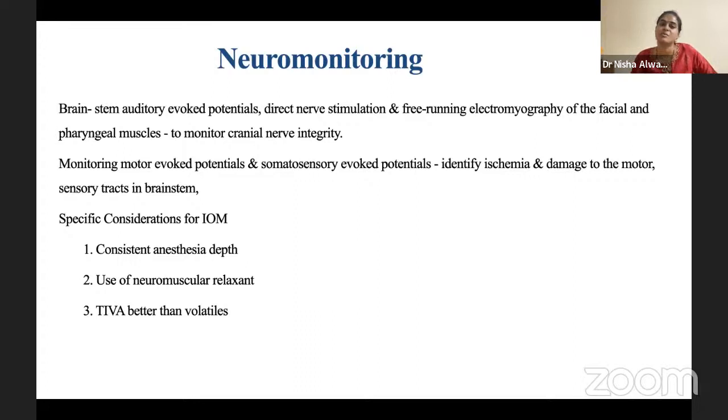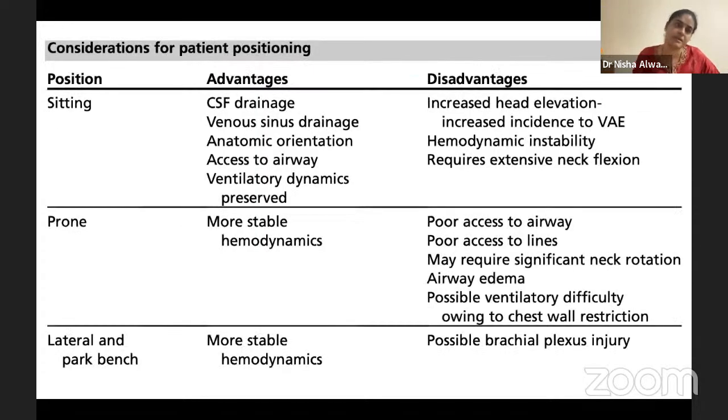And neuromuscular relaxant cannot be given, especially if there is MEP monitoring or if there is monitoring of the facial nerve as well as the lower cranial nerves. SSEP can be done in the presence of relaxant, but it is never done alone. So in most of these patients where neuromonitoring is being done, the patient will not be under relaxant effect. So it is important to maintain consistent depth because there must be no bucking during the surgery.